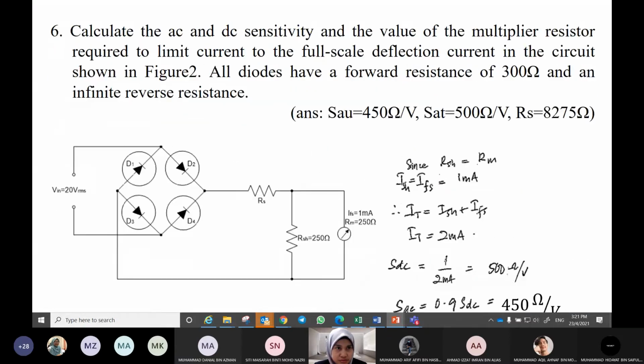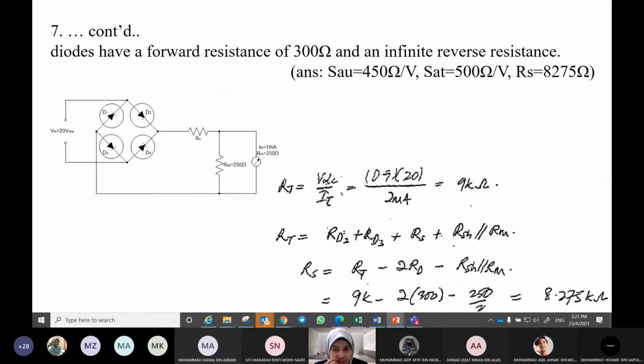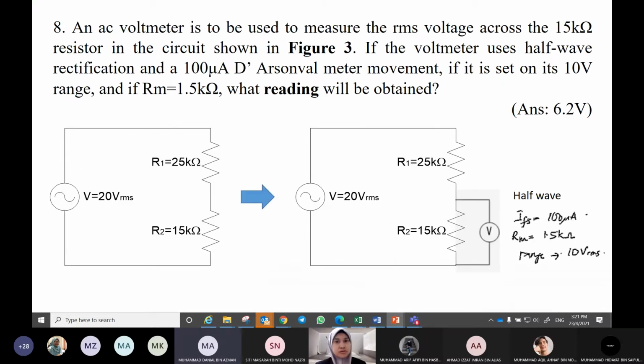Class, we stop at number... At what number? Tak tahu. Itu number 7. We stop at number 7. Yep, betul. Okay, so we continue number 8.